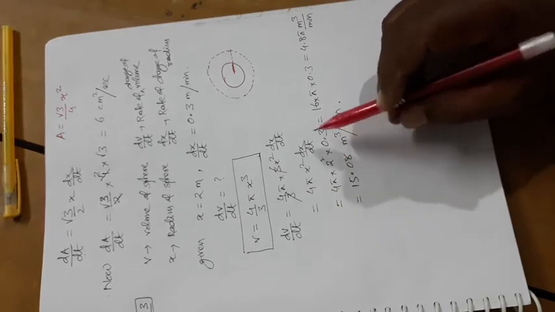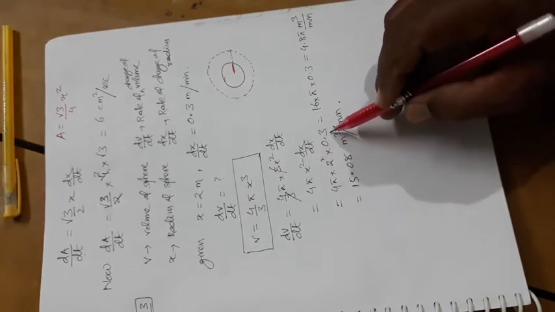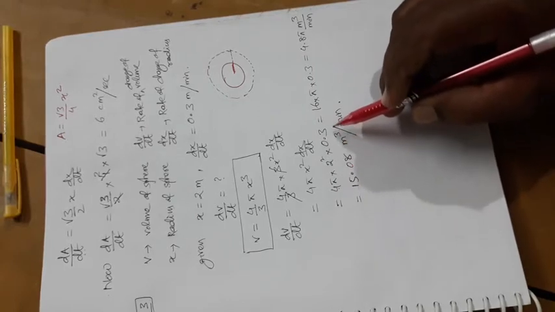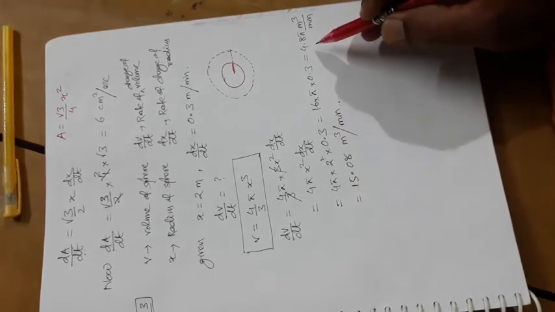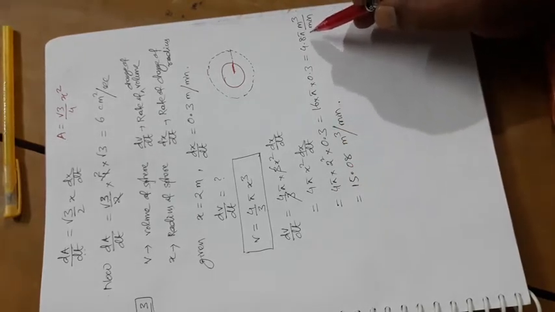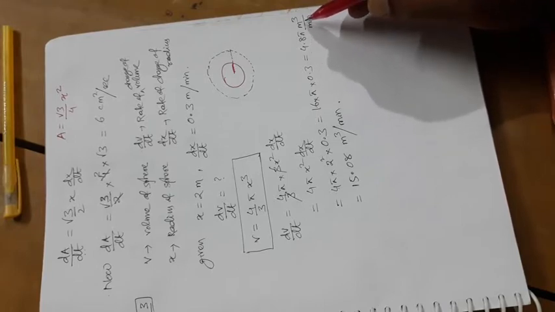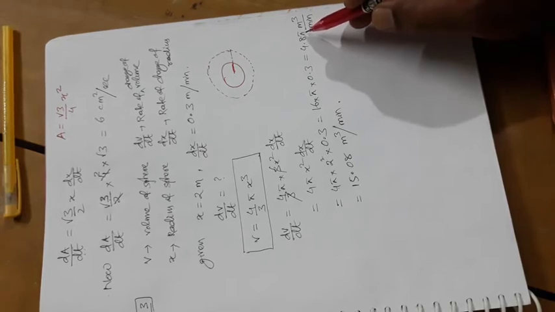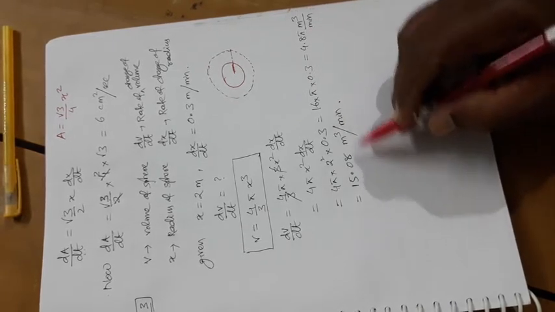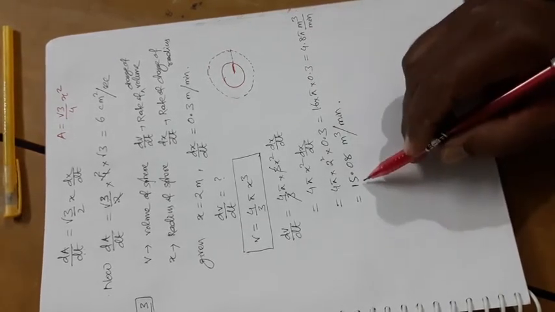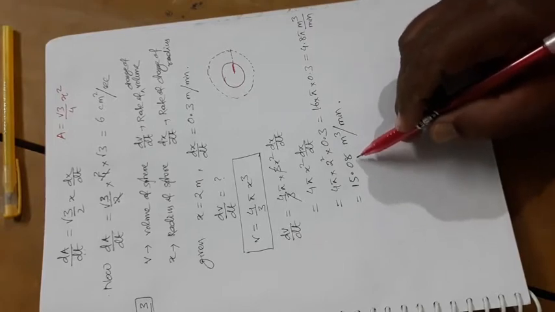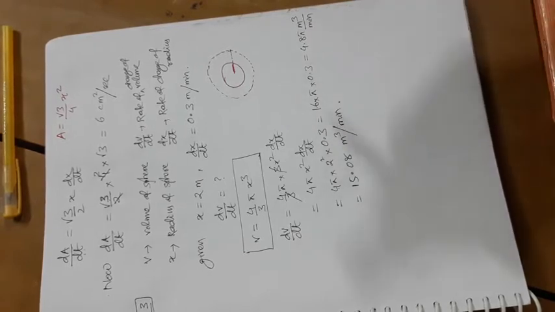So 2 square into dx by dt is 0.3, and after putting the values you can find 4.8 pi meter cube per minute. And when you put the value of pi as 22 by 7, you will get 15.08 meter cube per minute.